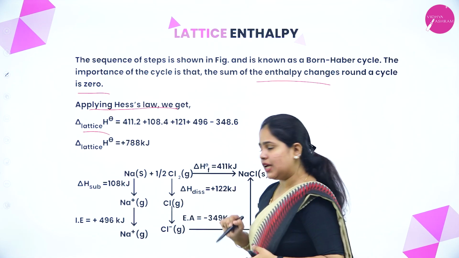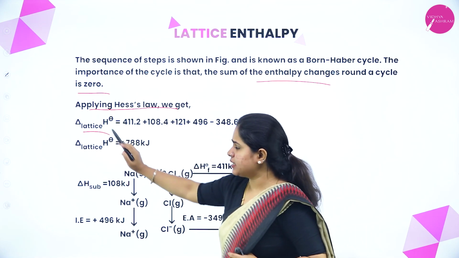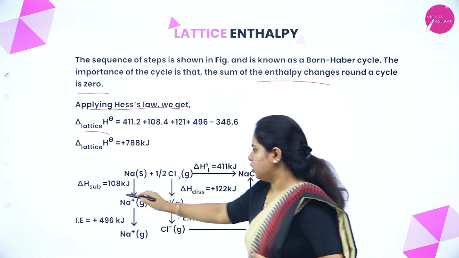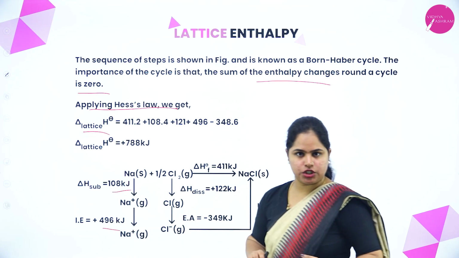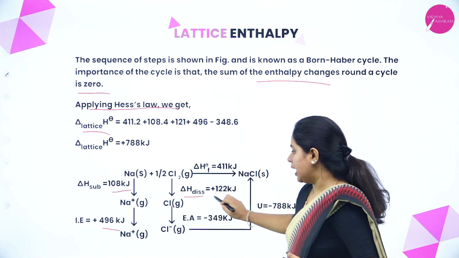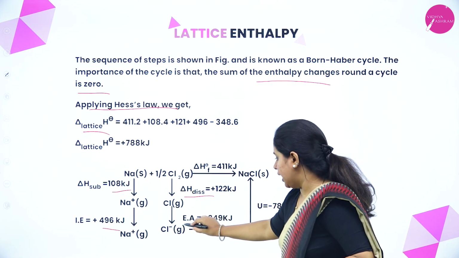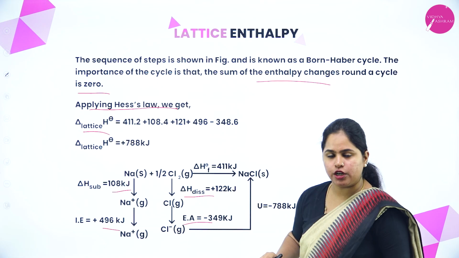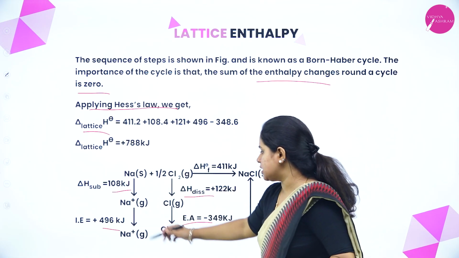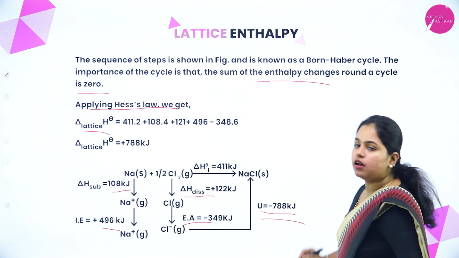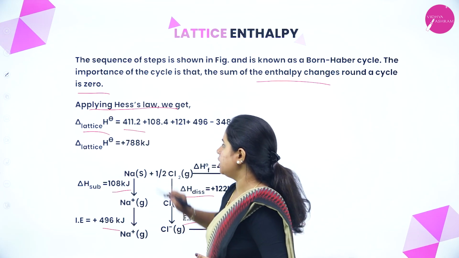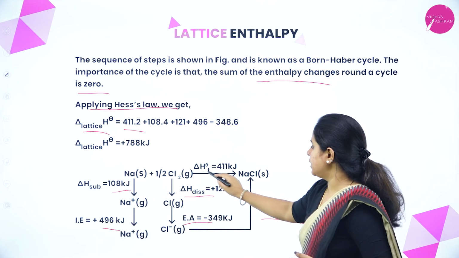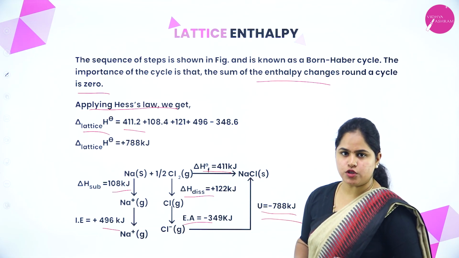So as you can see here, the lattice enthalpy will be equal to the enthalpy of sublimation, and then ionization enthalpy, and then enthalpy of dissociation, and electron gain enthalpy, or electron affinity also you can call. If you take the sum of all this, you will get the value of lattice enthalpy. So as you can see here, 411.2 is the enthalpy of formation of sodium chloride.